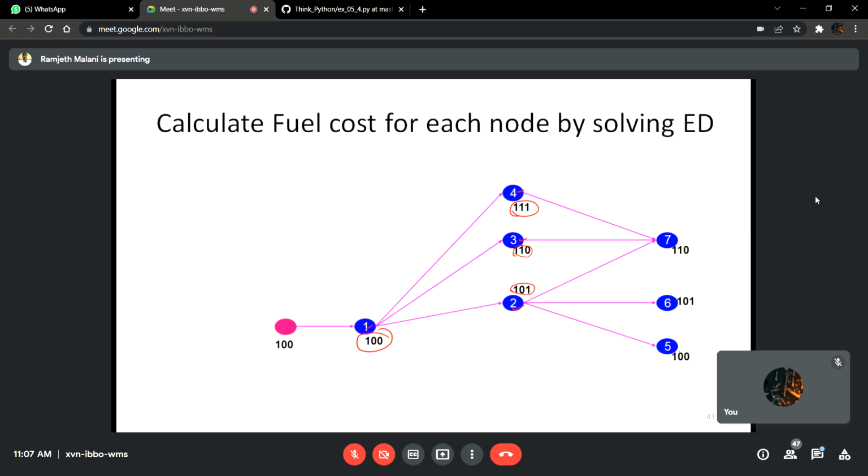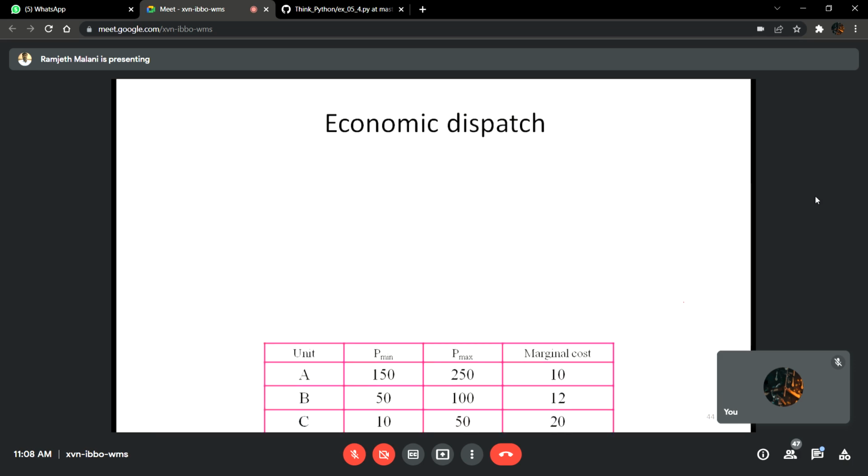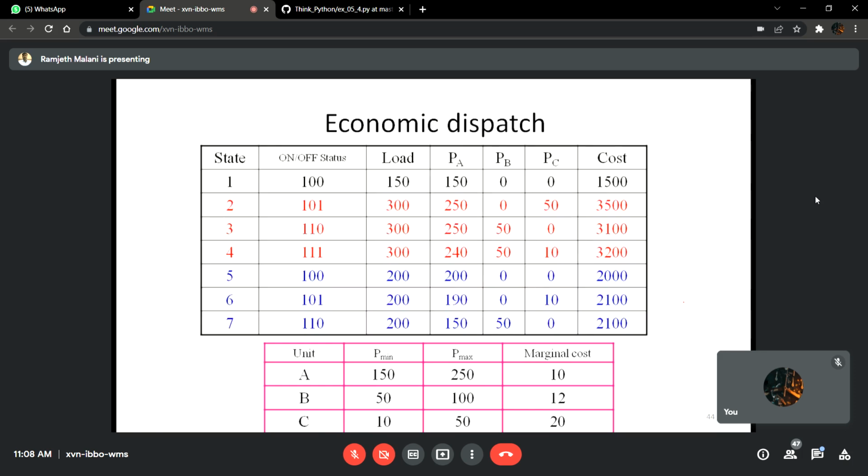Similarly, I am giving names for all the states. Now, we had these states.